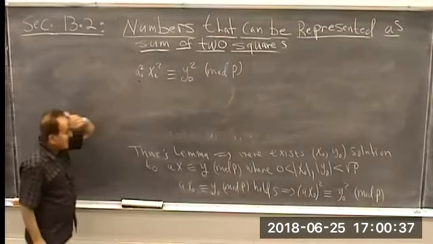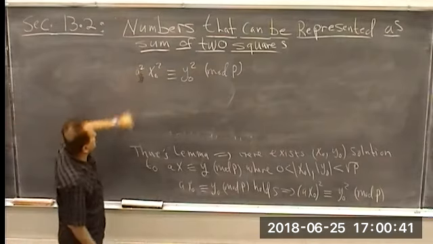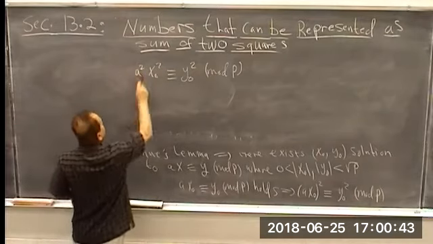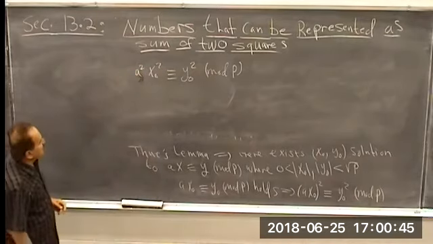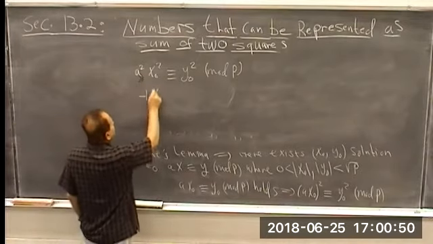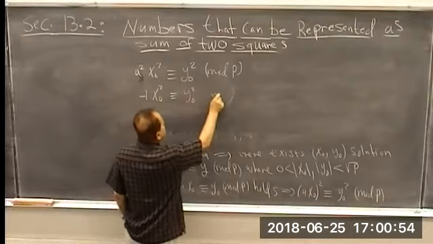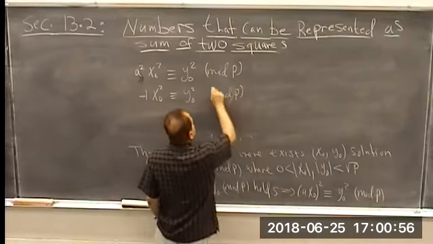But a squared is congruent to -1, so we could replace this by -1 times x sub 0 squared congruent to y sub 0 squared mod p.